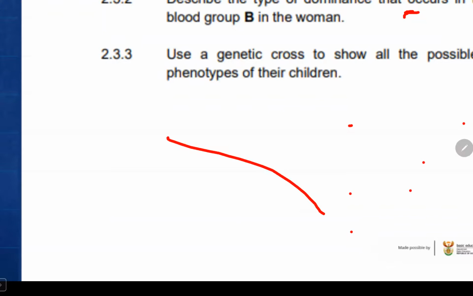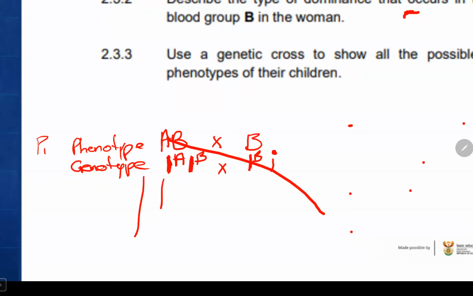Now we can do a genetic cross. There are two ways. The way I find the easiest, you get both marks for either way, so don't worry. It's just drawing the plain Punnett diagram like this, little block. And it doesn't matter where the dad or the mom is.